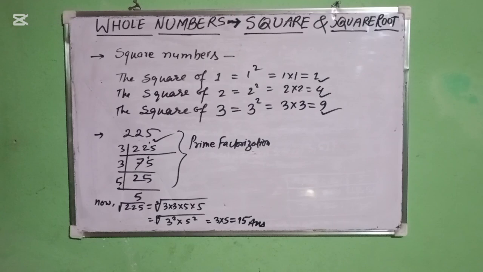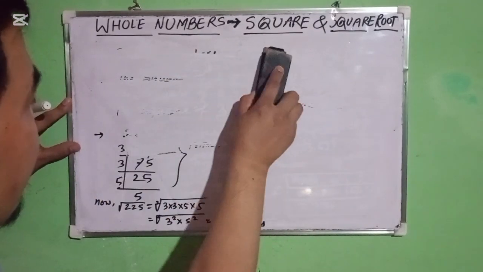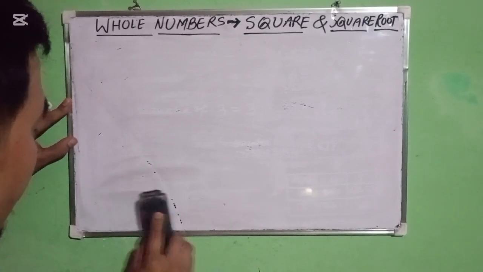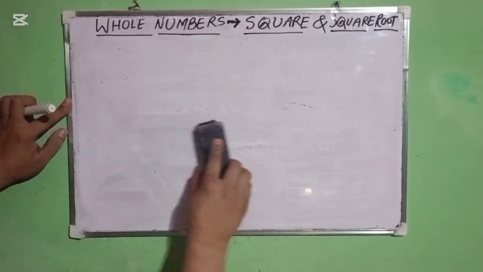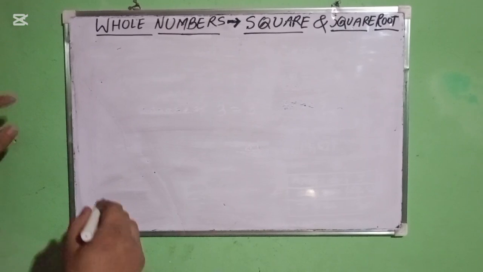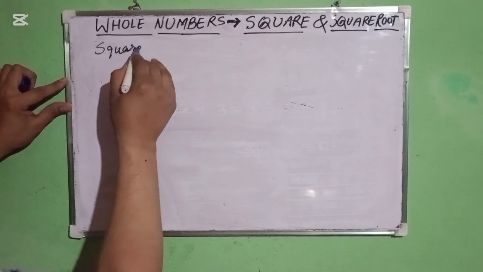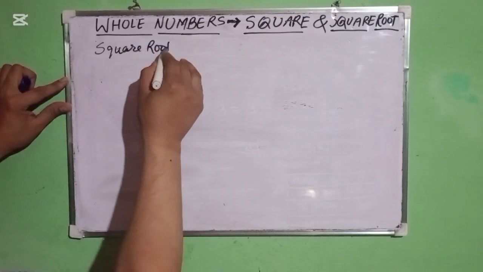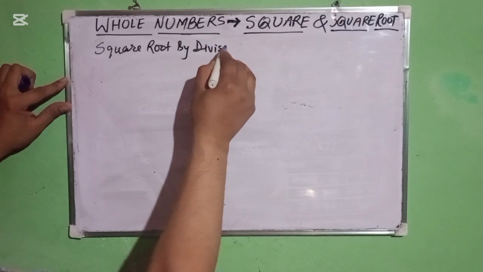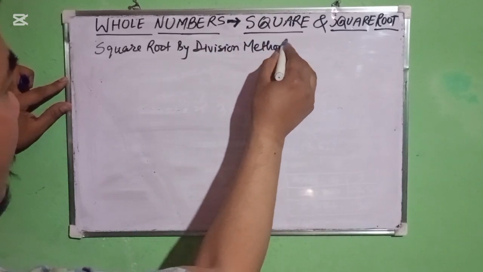Look, now I am going to show you how to find square root by division method, okay? Square root by division method, okay?